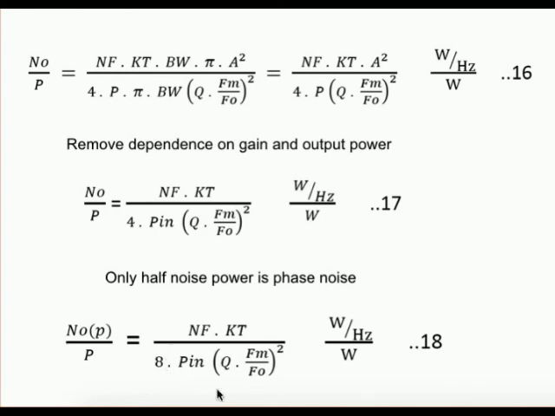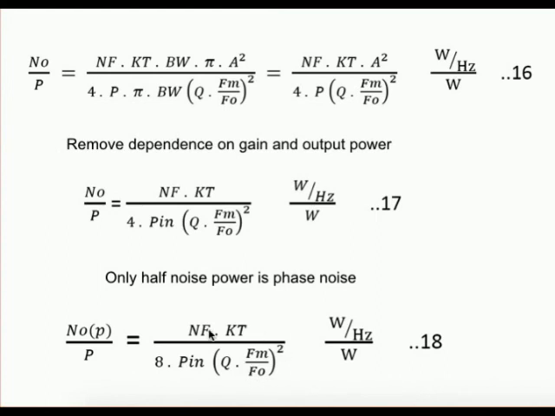And so what we've got here: the noise figure, Boltzmann constant, temperature, input power to the sustaining amplifier, the loaded Q of the resonator, the offset frequency at which we're specifying the phase noise, and the carrier frequency.